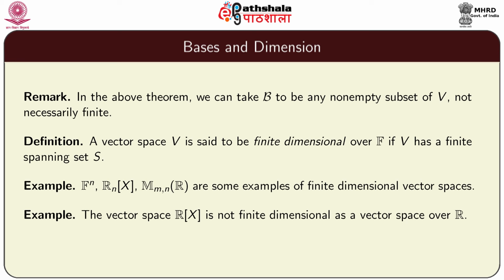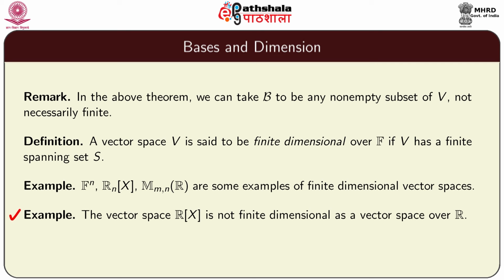Why? If you just recall, then F to the power n is spanned by E1, E2, En, the so called canonical basis. R_n[x] is spanned by 1, x, x square and so on x to the power n, and M_m×n(R) is spanned by the matrix units, and each one of these is a finite set, and therefore, these vector spaces are indeed finite dimensional.